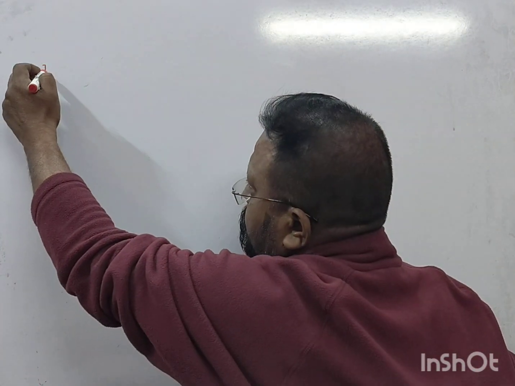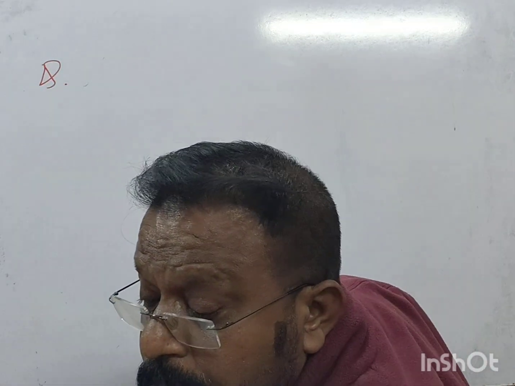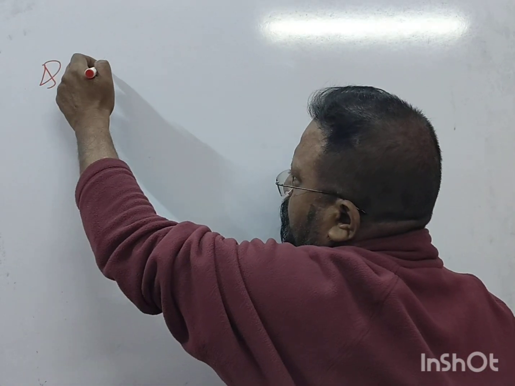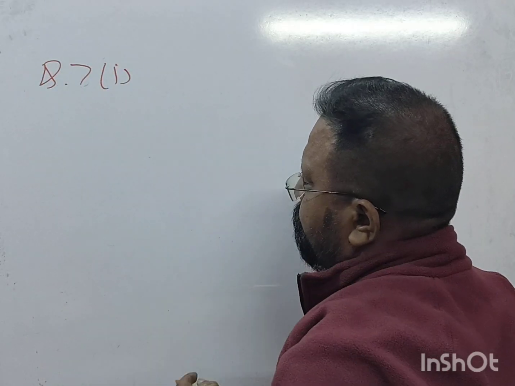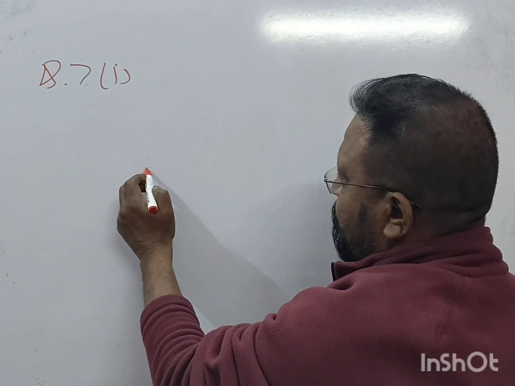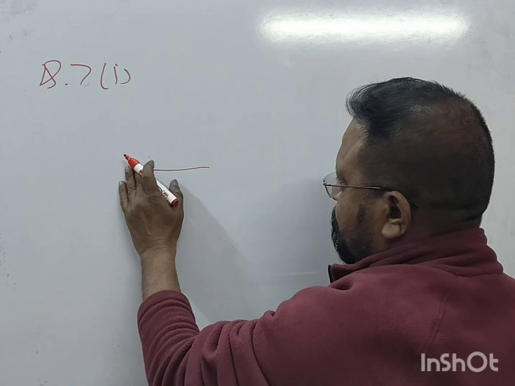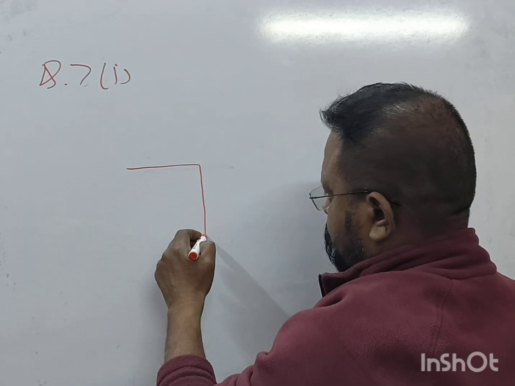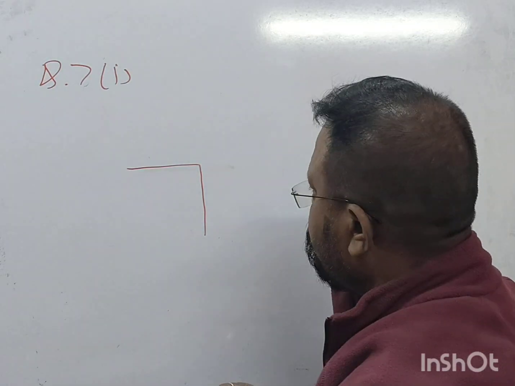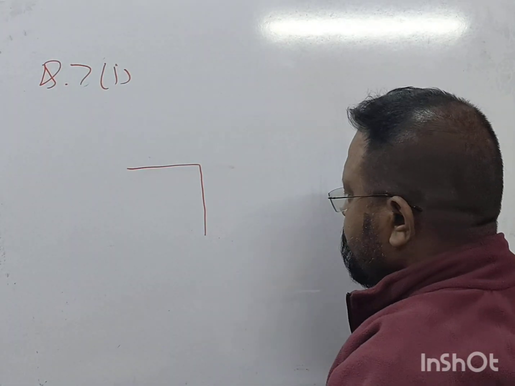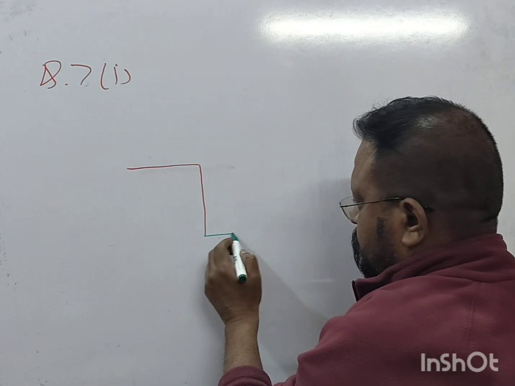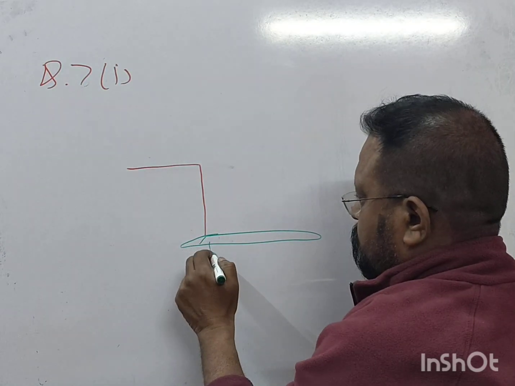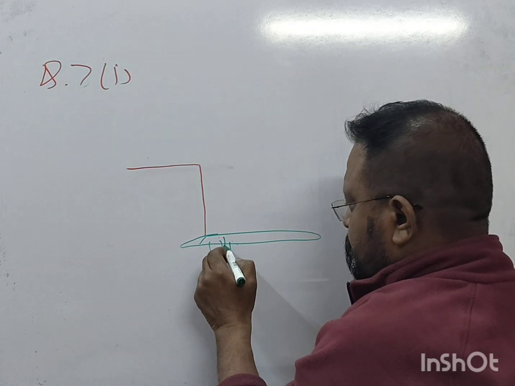So question number 7, part 1. There is a point and there is a lake. This is the lake.